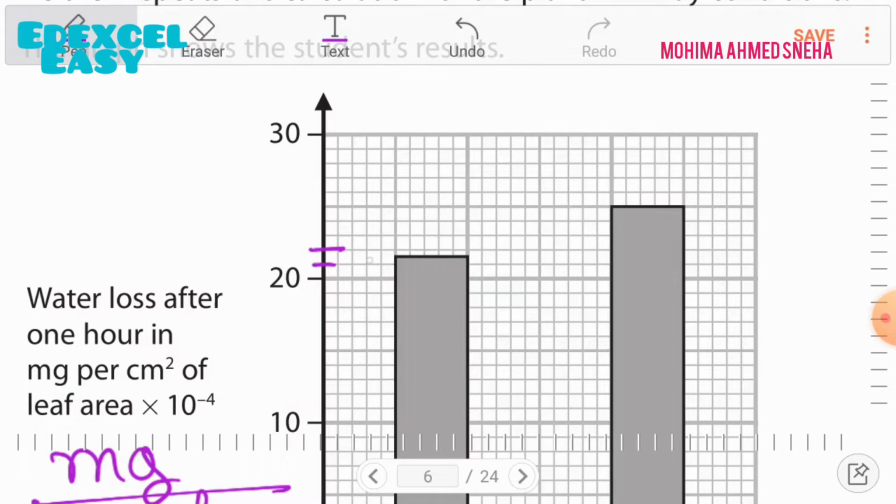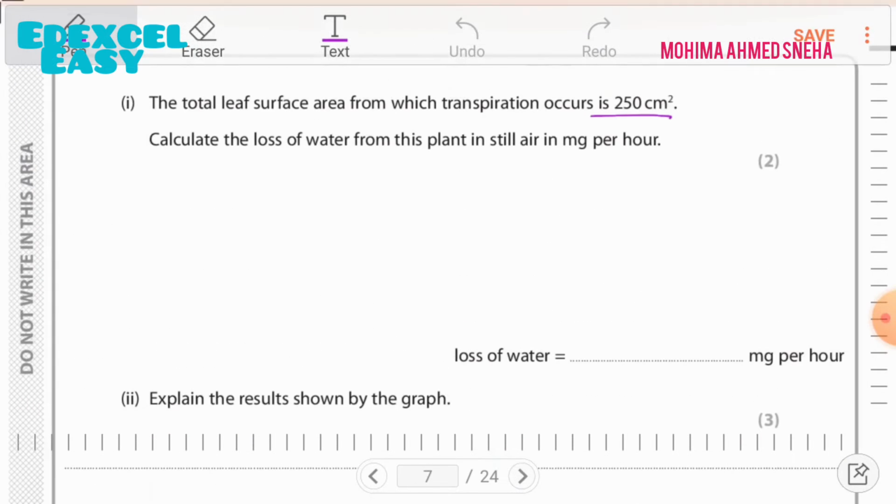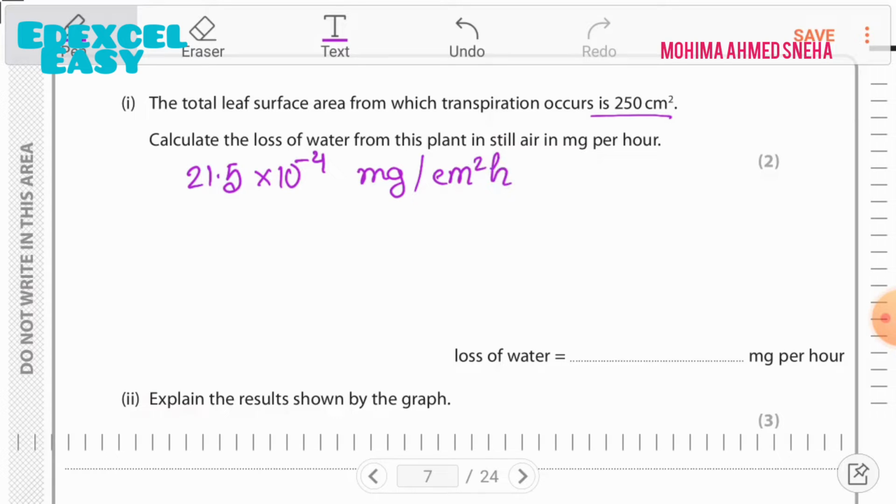So we can obviously conclude this as 21.5 into 10 to the power -4, because it was already on the y-axis, and the unit for this would be mg/cm square h. And as we need to find the water loss in mg per h without cm square, we need to just multiply by the 250 cm square.